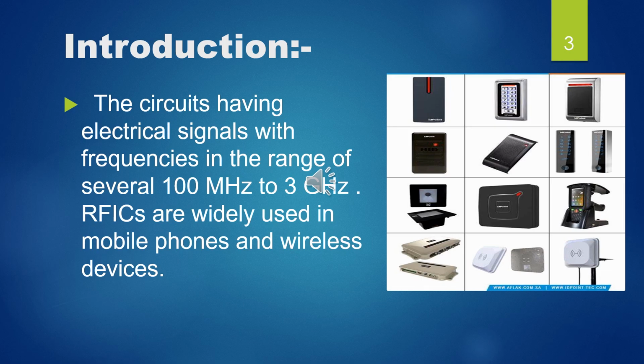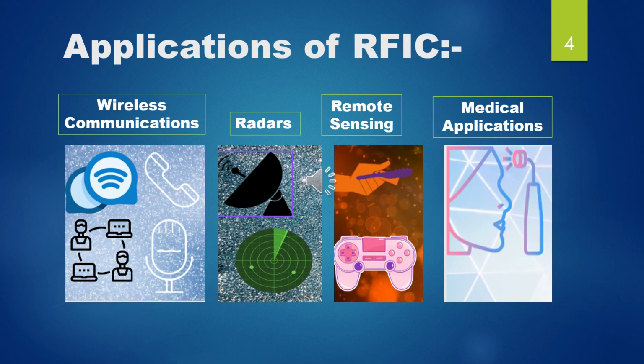It depends on the RFIC types, which I will discuss in the next slides. And it is mainly used in mobile phones and wireless devices. As I said, RF circuits are also known as cell phone circuits. So that's the introduction. Now I am going to discuss the applications, where these are used.